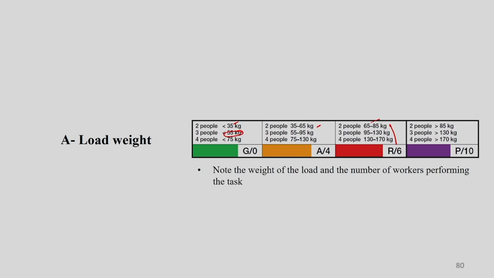So depending on the amount of load and the number of people handling that particular load, we give the value of risk while handling that load. So you have 4 categories: green, amber, red and purple.